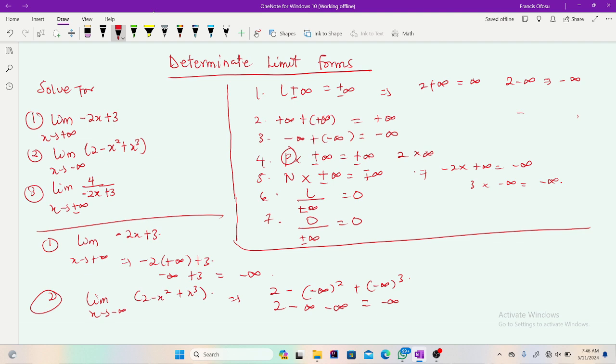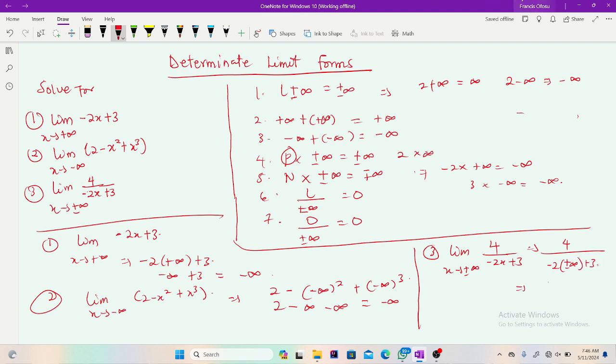Then the final one, which is the quotient. For the quotient, you have 4 over negative 2x plus 3. So number 3: the limit as x approaches plus or minus infinity of 4 over negative 2x plus 3. This satisfies the last but one determinate form. I have 4 over negative 2 multiplying plus or minus infinity, plus 3.